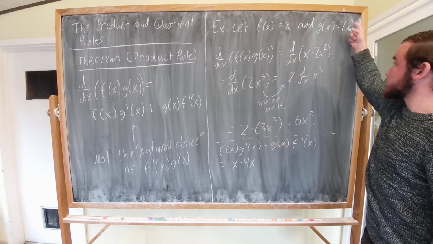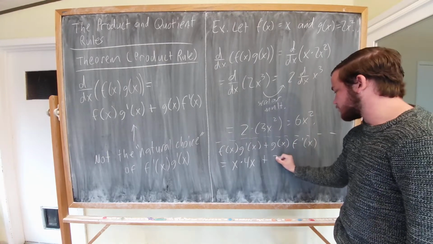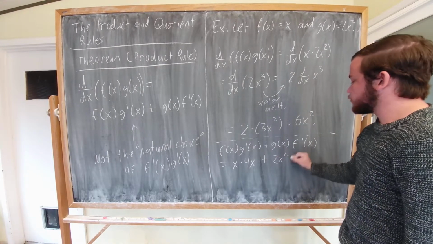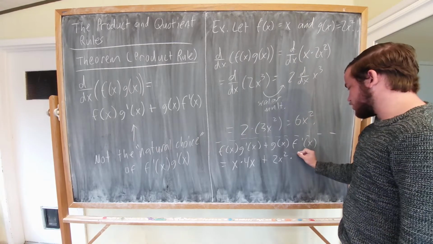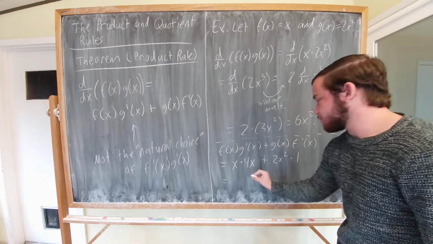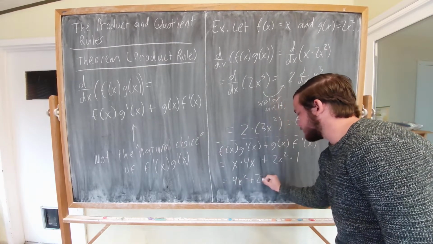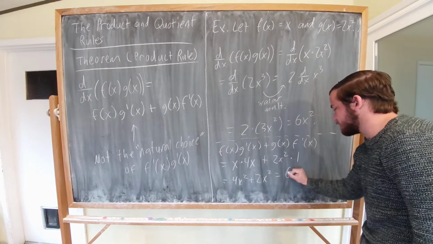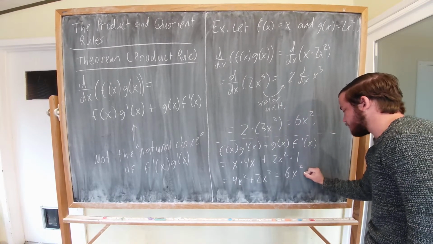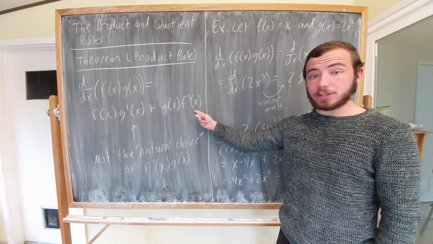We have 2 times 2x, plus, okay, g(x) is 2x squared, the derivative of x is just 1. Using algebra, this gives us 4x squared plus 2x squared, which is, in fact, 6x squared. So we know that this formula works.